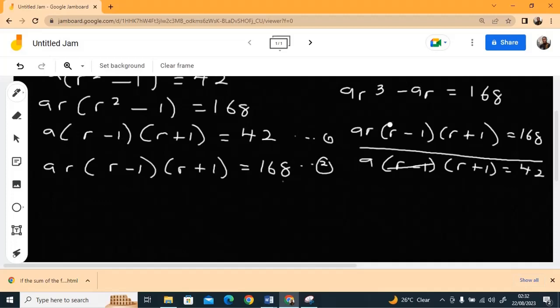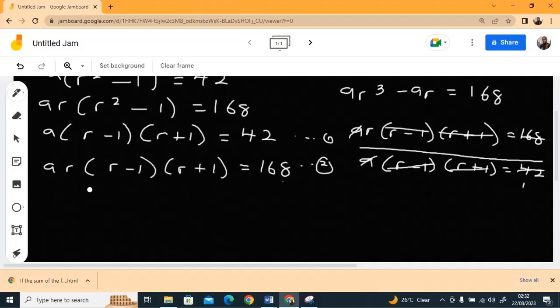This r minus 1 will cancel r minus 1, r plus 1 will cancel r plus 1, a cancels a. 168 divided by 42, let me use my calculator, that is 4.